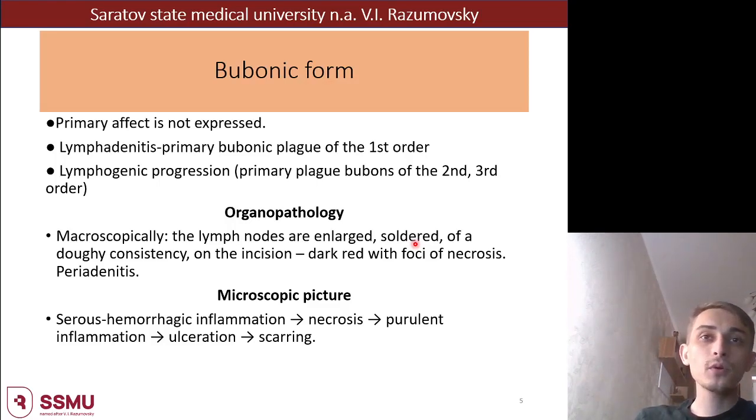And after purulent inflammation, we may see formation of ulcers. And after it, in really rare cases, we may see formation of scars in place of buboes. But mostly the patient will die, and we couldn't see any scars after the bubonic form of plague.